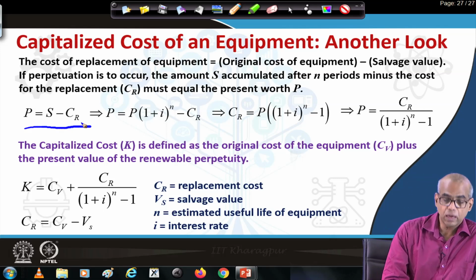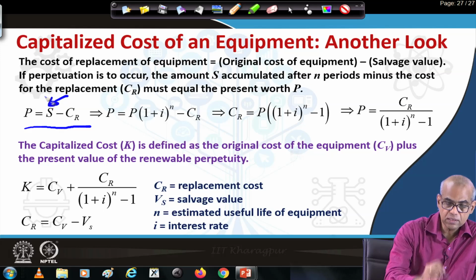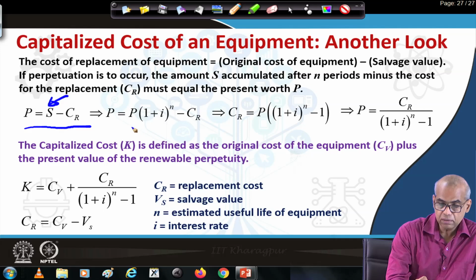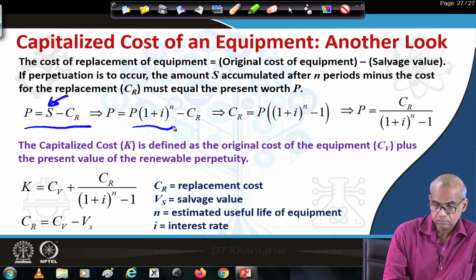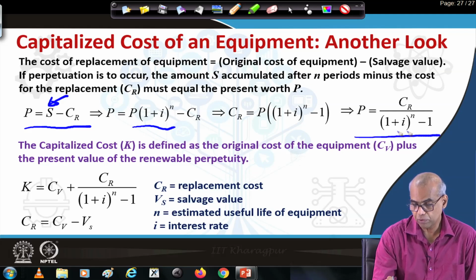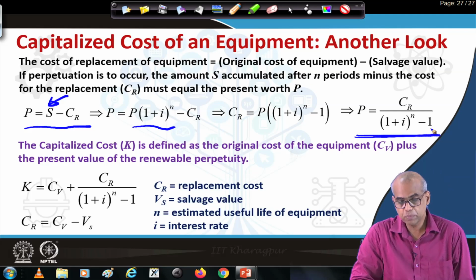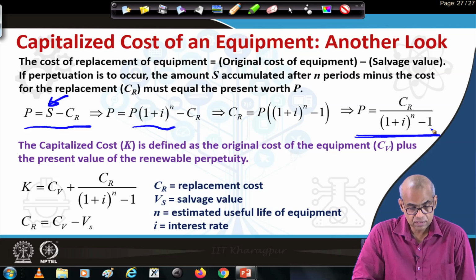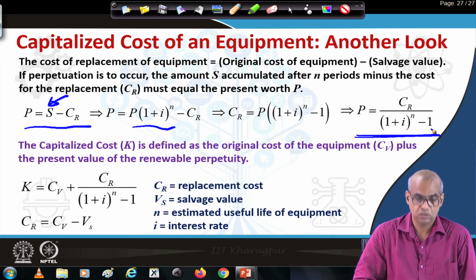The amount accumulated S is nothing but P into (1 plus i) to the power n, and if you simplify, you will get the expression P equal to CR by ((1 plus i) to the power n minus 1), where CR is the replacement cost.